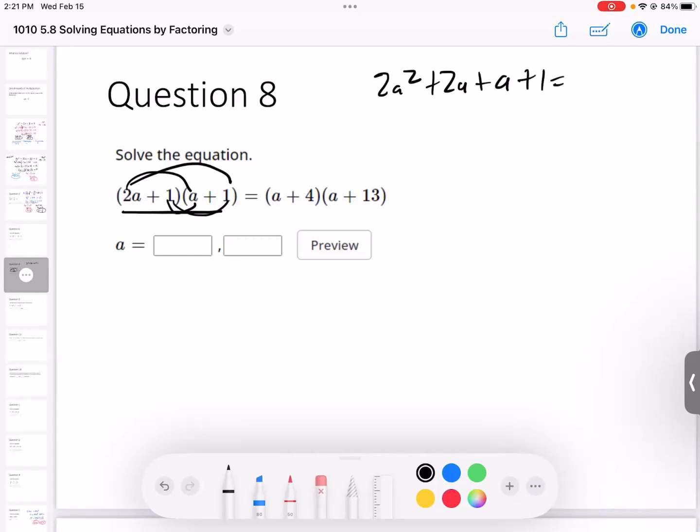That would be equal to a times a, which is a squared, a times 13, which is 13a, 4 times a, which is 4a, and 4 times 13, which is 52, I think. I could be wrong on that.